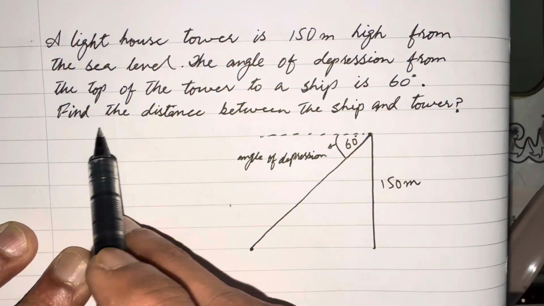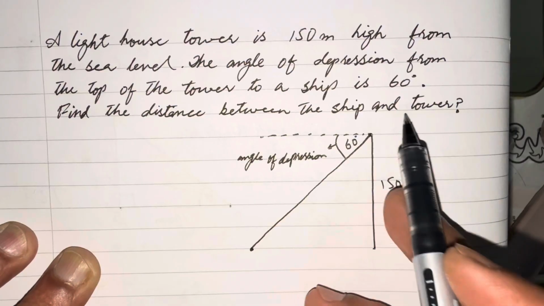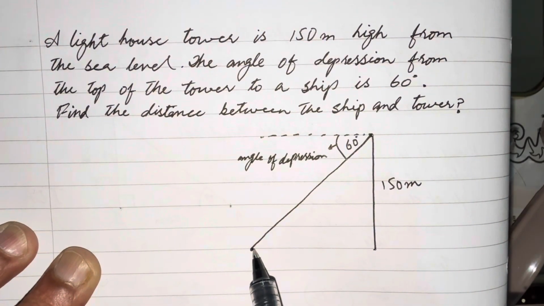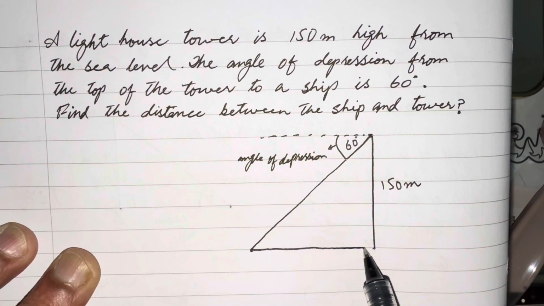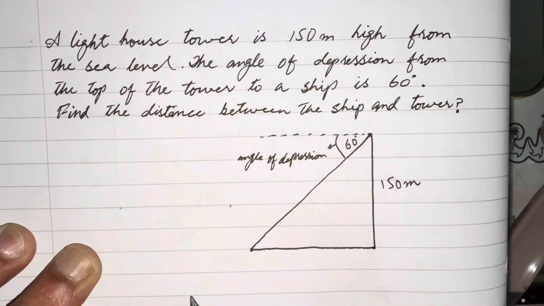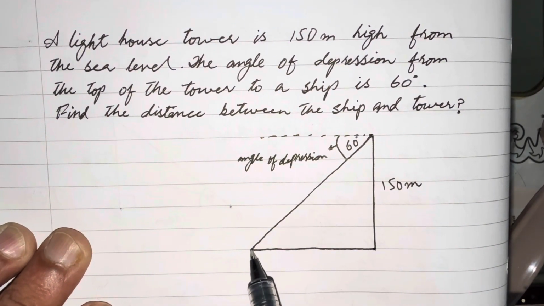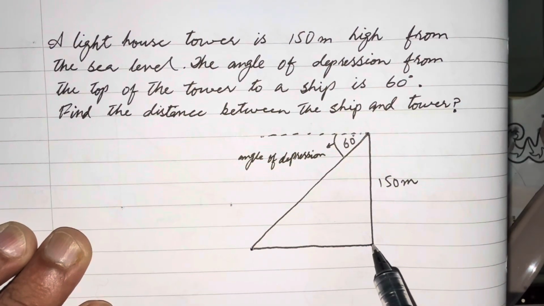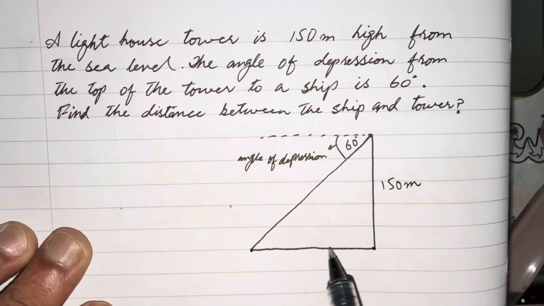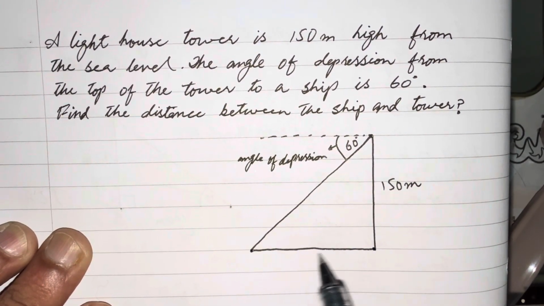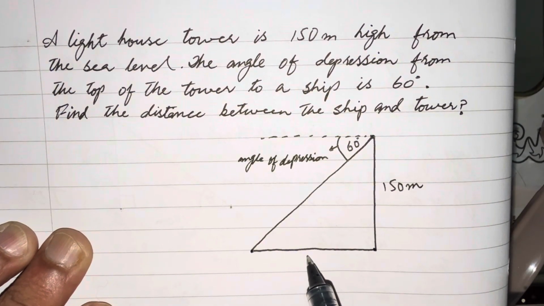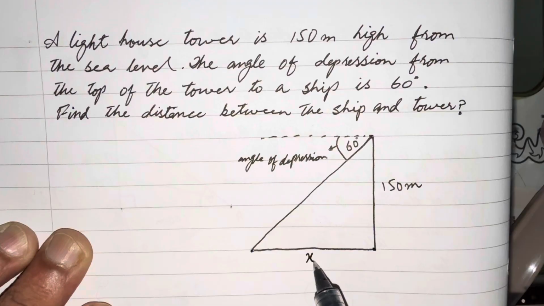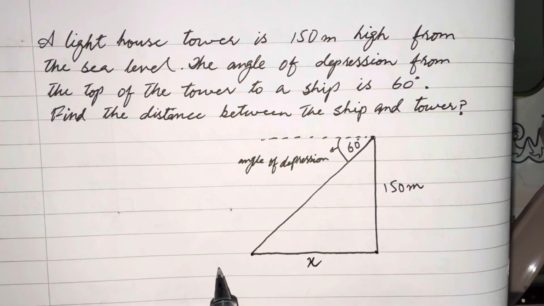Now we have to find the distance between the ship and the tower. We have to find the distance between the ship and the foot of the tower. The ship is here and the foot of the tower is here. So we have to find the distance from the ship to the tower, which can be represented as x.